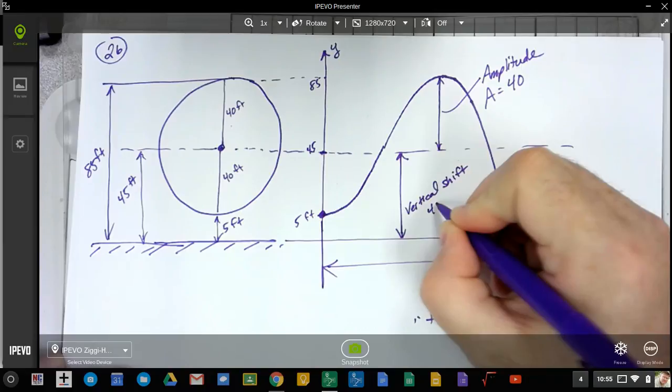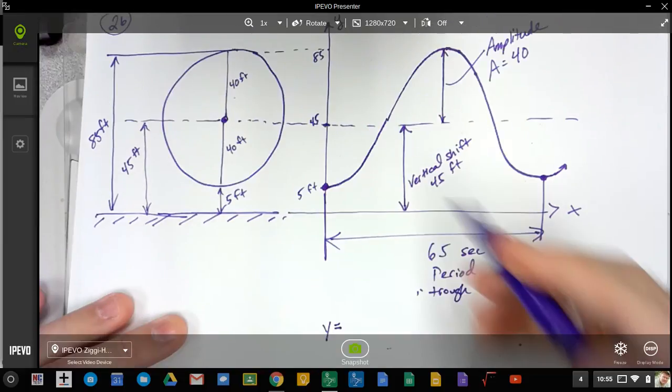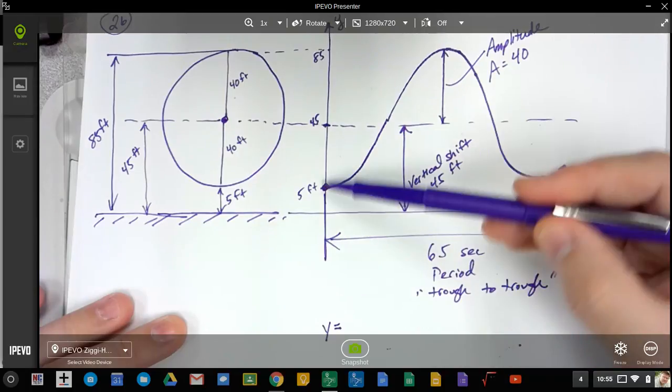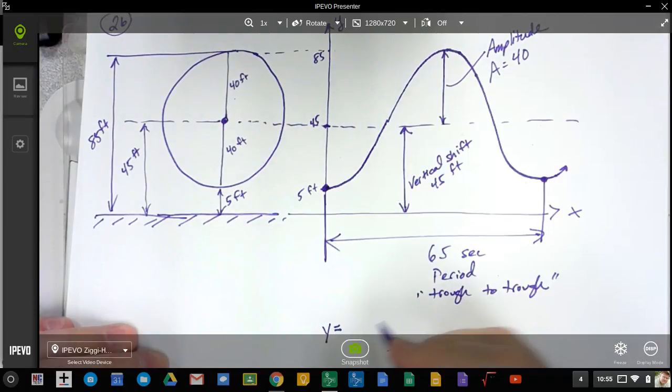So if I take those things that I know, can I come down here and start building my function? Where does cosine normally start out on the y-axis? Does it start out at a trough or a peak? Look up here. Cosine. Peak. So if I'm starting at a trough, that requires that I reflect my function across the x-axis, right?